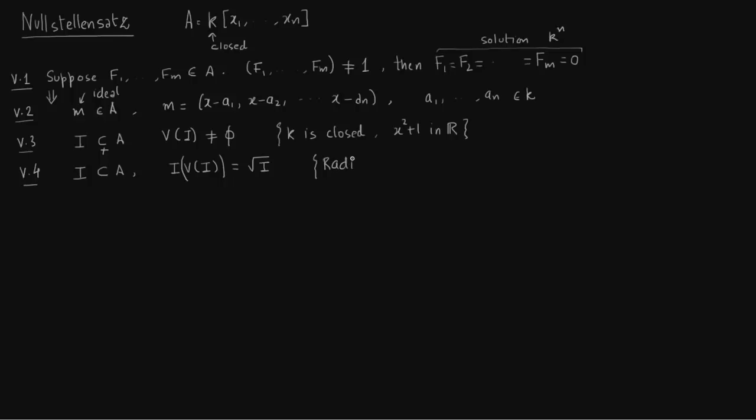The idea is that there is a one-to-one correspondence between radical ideals and algebraic sets. So if I is itself a radical ideal, that is I is equal to root I, then there is a one-to-one correspondence between algebraic sets and the radical ideals.